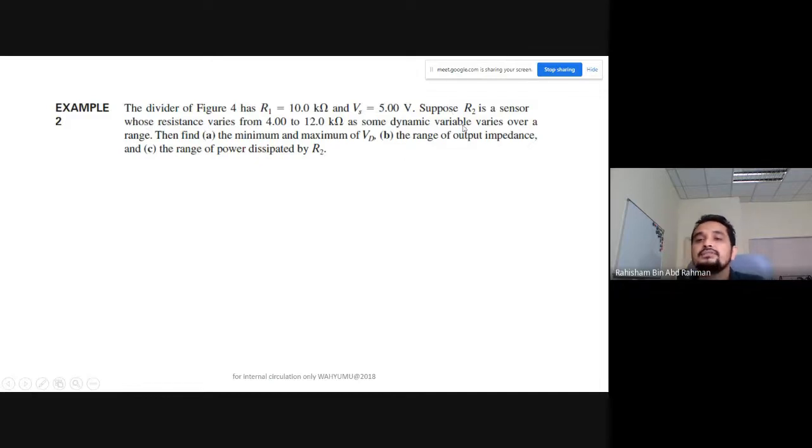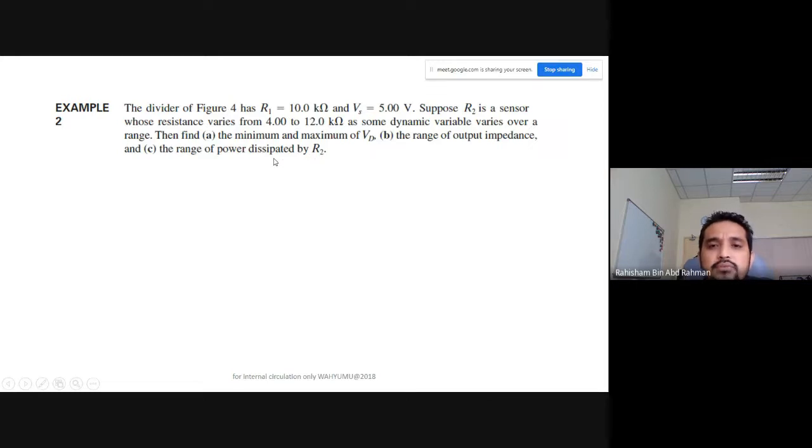Suppose R2 is a sensor whose resistance varies from 4 to 12 kilo ohms, because this is a variable resistor over a range. Then find A, the minimum and maximum of VD, the voltage divider. B, the range of output impedance. And C, the range of dissipated power by R2.